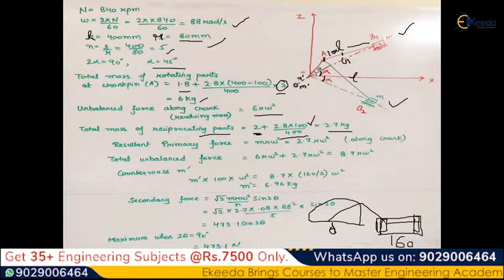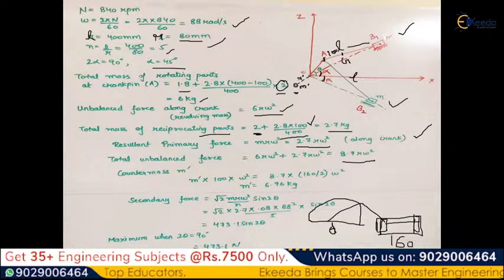So the resultant primary force will be m r omega square along the crank. Because of these reciprocating parts, it is 2.7 r omega square. Now the total unbalanced force is because of the revolving parts and the reciprocating parts, which is 8.7 r omega square. To balance this 8.7 r omega square, we have to place a counter mass, let's say m dash, at some radius r dash, in such a way that this counter mass balances all the unbalanced force.